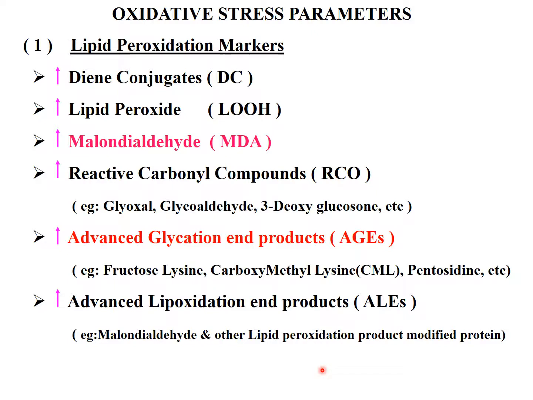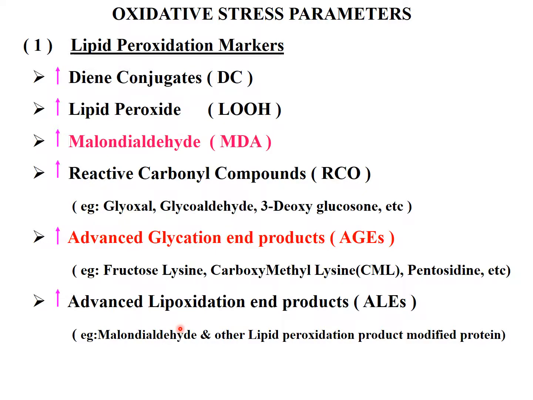That is the intention of this slide, where we assess oxidative stress by measuring a few parameters. Now, measuring free radicals directly is impossible because they have a very, very short half-life. So you cannot capture a free radical and measure it. What we have to do is measure the damage that the free radical leaves behind.